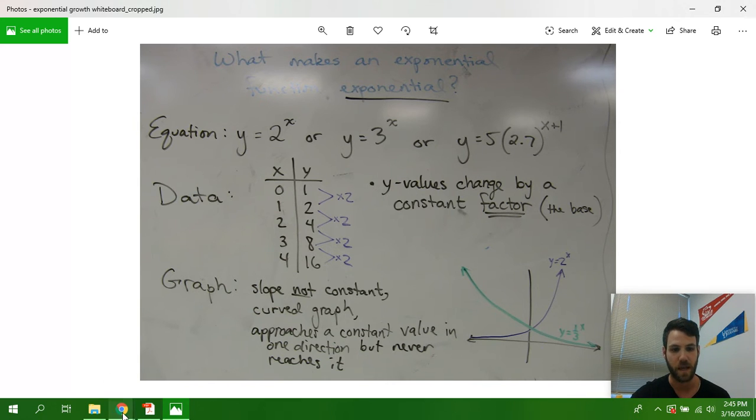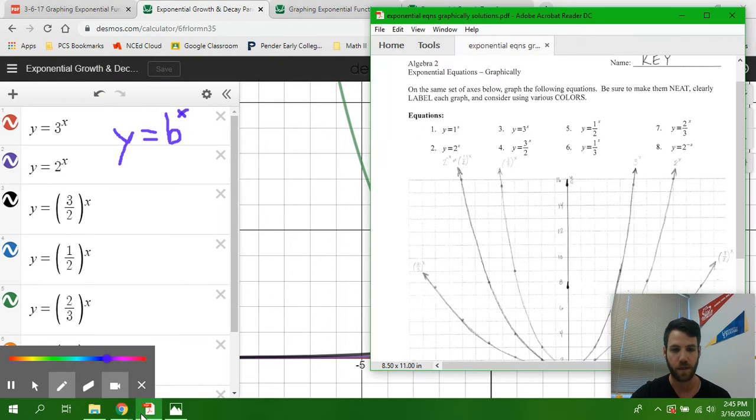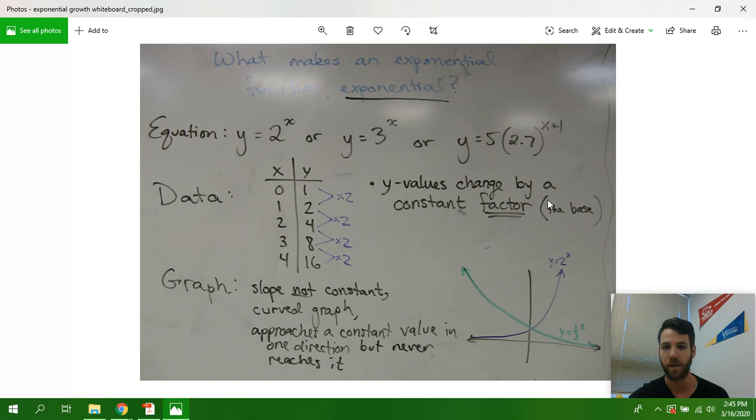Sometimes in these sorts of equations, a lot of times you'll see y equals an a, the 5 here, times 2.7, and then raised to a power of x. Y equals a times b to the x is very common.